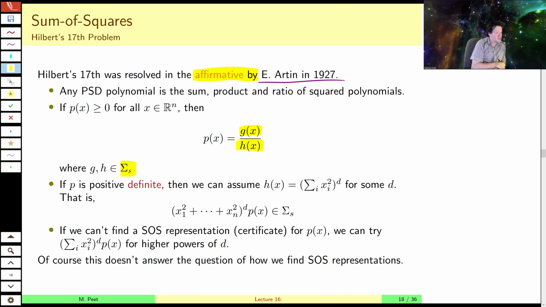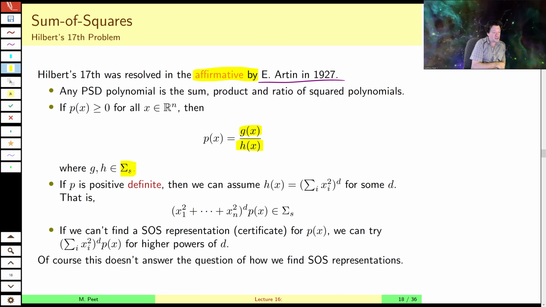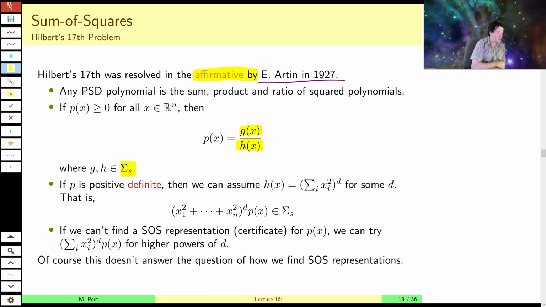So that tells us that if we exhaust all possible representations as sum of squares polynomials, and we can't find a representation for that particular polynomial, then we know that it's not globally positive. So it's a necessary and sufficient condition.